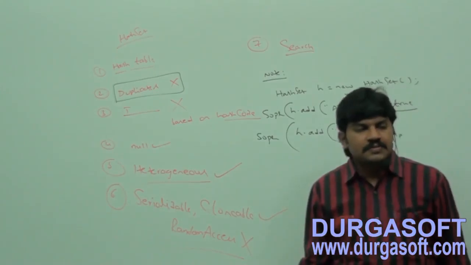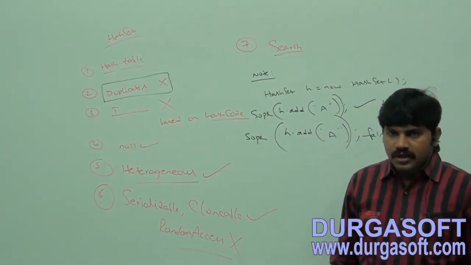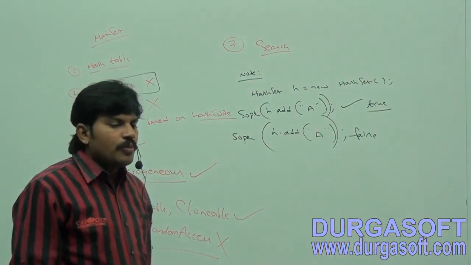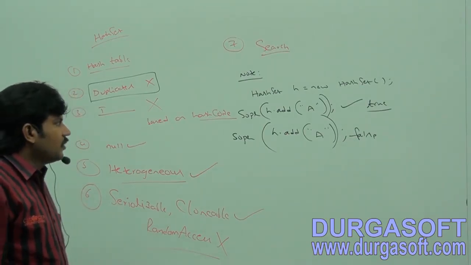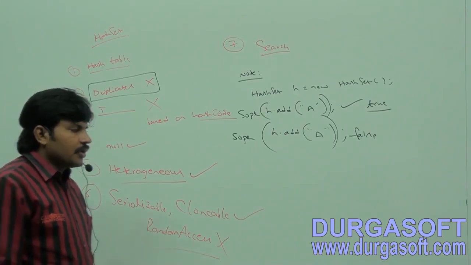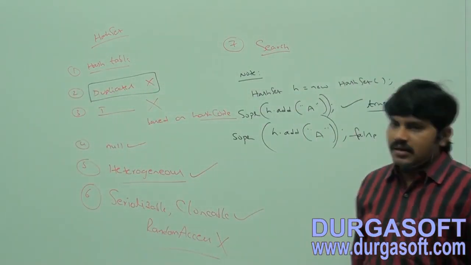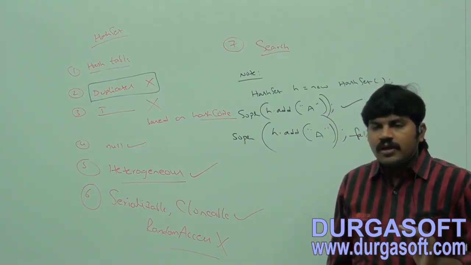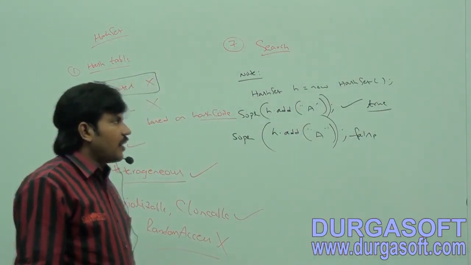Keep a star for this. In HashSet, duplicates are not allowed.